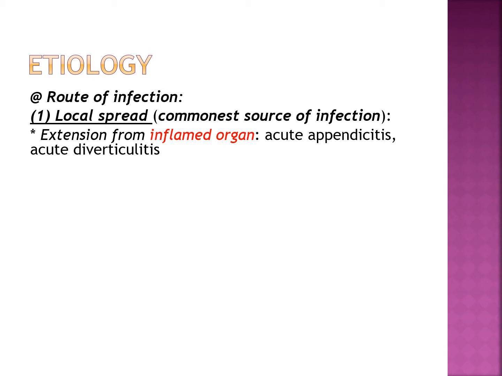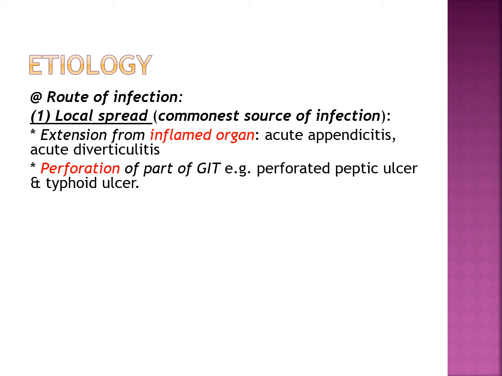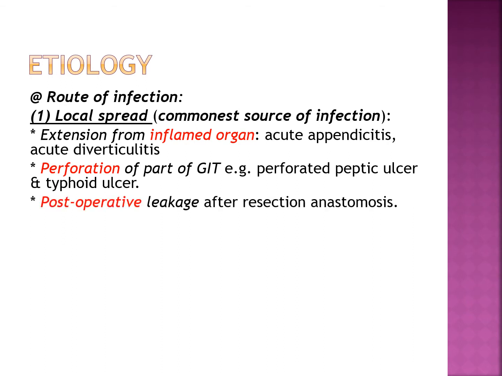or perforation of any part of the GIT complicating this infection, for example, perforated DU or perforated typhoid ulcer, or post-operative after any form of operation, for example, after resection, anastomosis, and failure of healing of this anastomosis leads to disruption of the anastomotic line and leakage of intestinal content into the peritoneal cavity, leading to acute peritonitis.